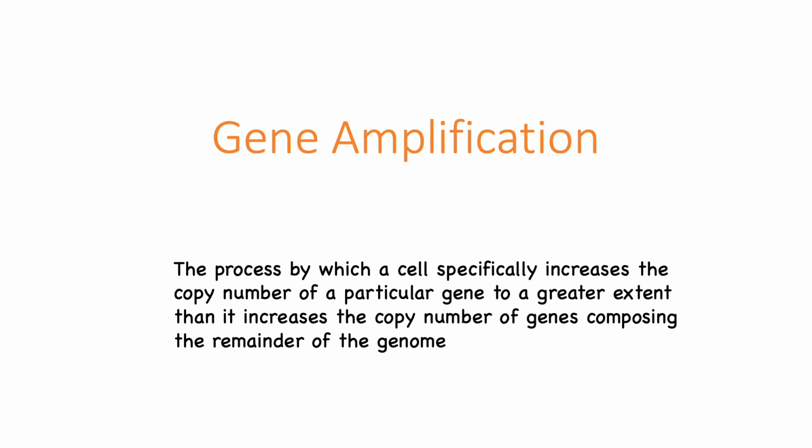Okay, so we can also get this gene amplification, which we've mentioned a couple times. And this is when the cell specifically increases the copy number of a particular gene or region to a greater extent than it increases copy number in the remaining genome.